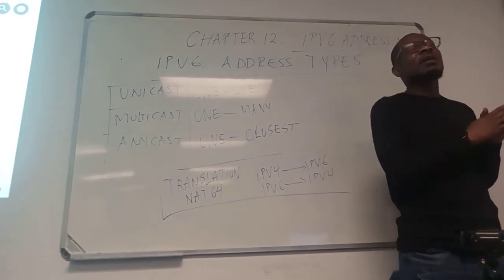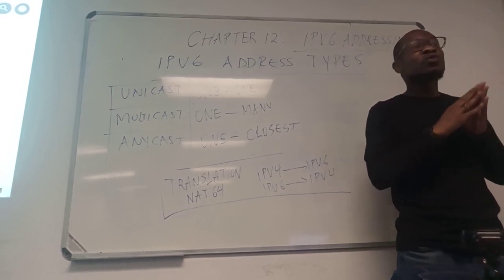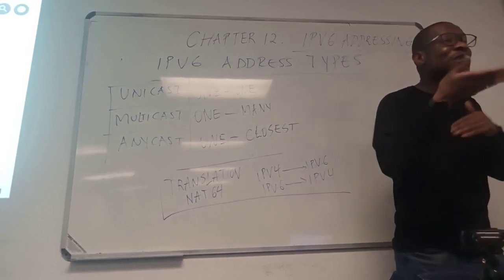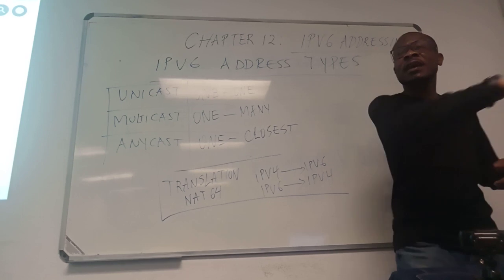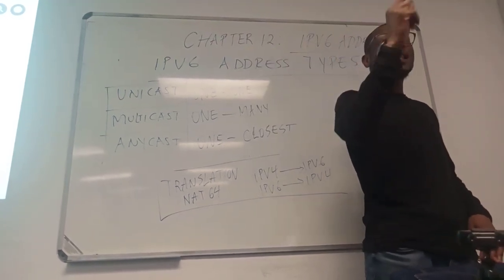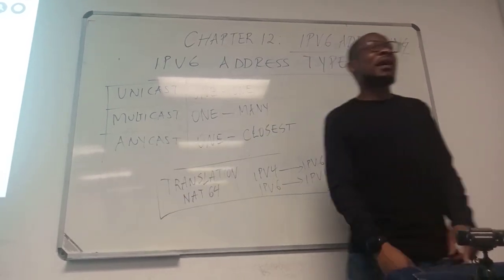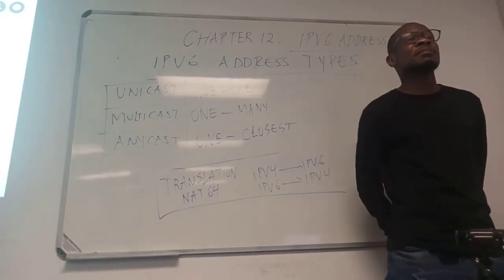Anycast IP, this is the IP address that will allow you to talk to the nearest computer, right? Like here, all those computers can have the same IP, right? So when I want to talk to the nearest one, I can use the anycast IP, right?